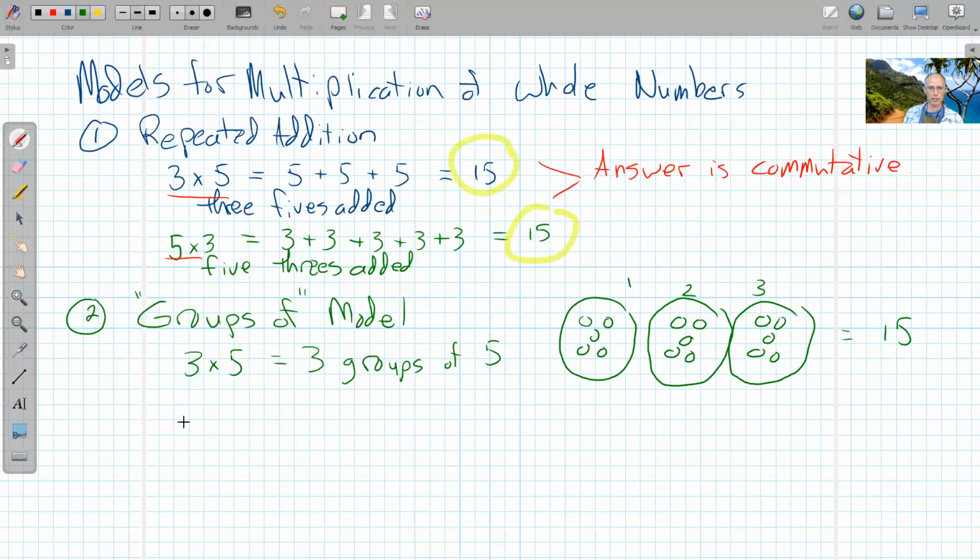And that's going to look different than 5 times 3, because 5 times 3 would then be 5 groups of 3.